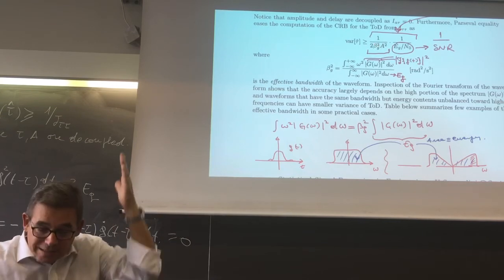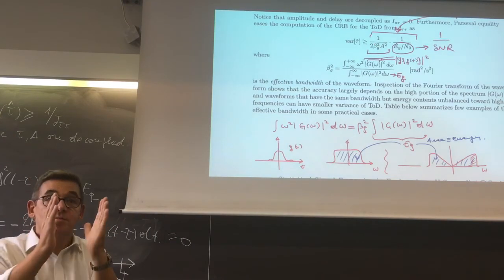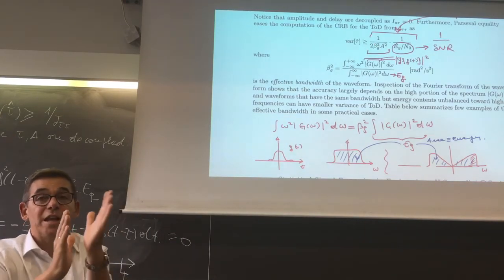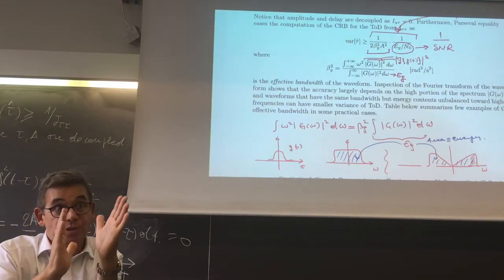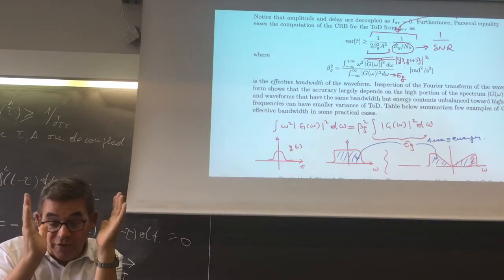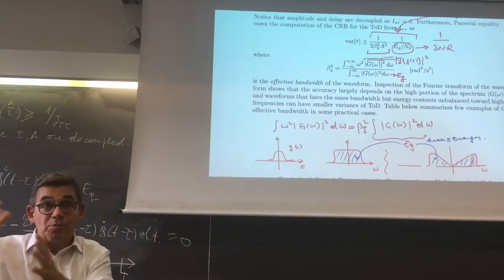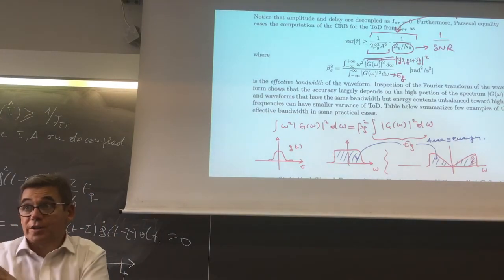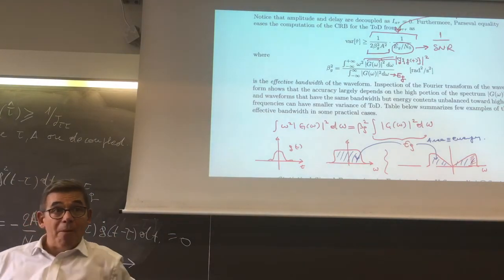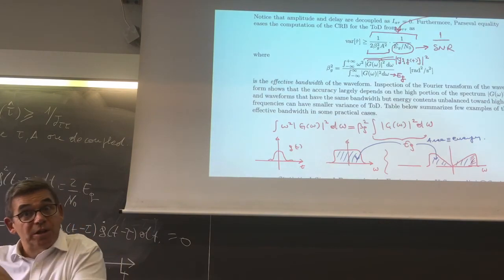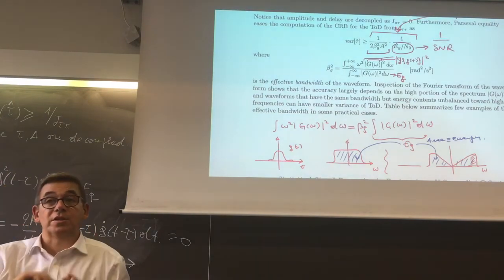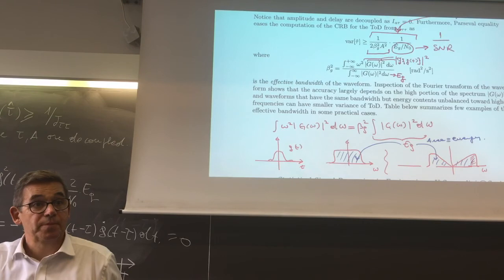That means that the variance is smaller, which means that it is more accurate. So for the same energy, I can choose the waveform such that the distribution of the energy over the frequency band is unbalanced, preferably toward the high frequency rather than the lower frequency.